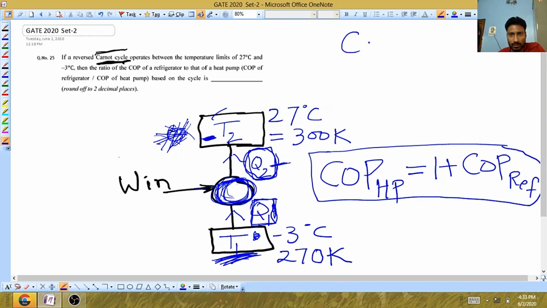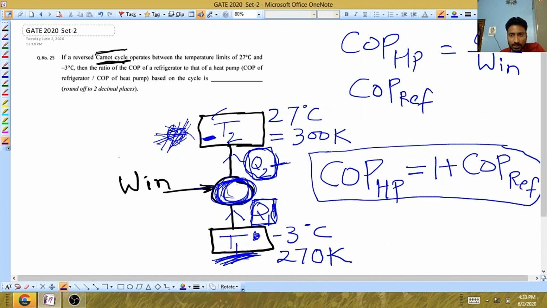So you can say COP of heat pump is Q2 divided by work input, and COP of refrigerator is Q1 divided by work input.